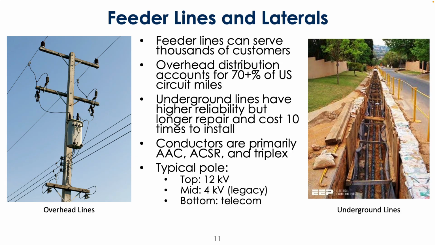In overhead lines, you might have multiple voltages running through, and the top ones are going to be the higher voltage, so that's your 12 kV, and then you might have older legacy lines running at 4,000-ish volts, and then the stuff typically at the bottom could be legacy telecom wires, so not for power.